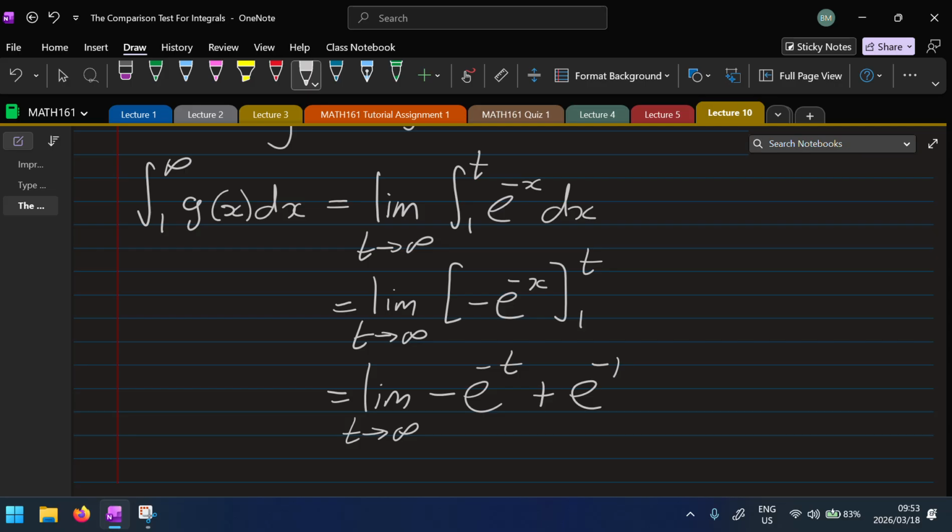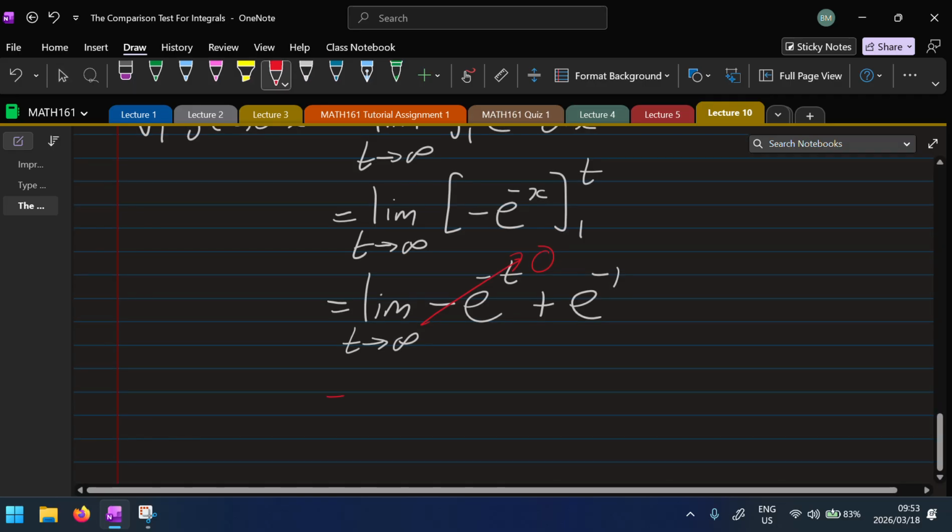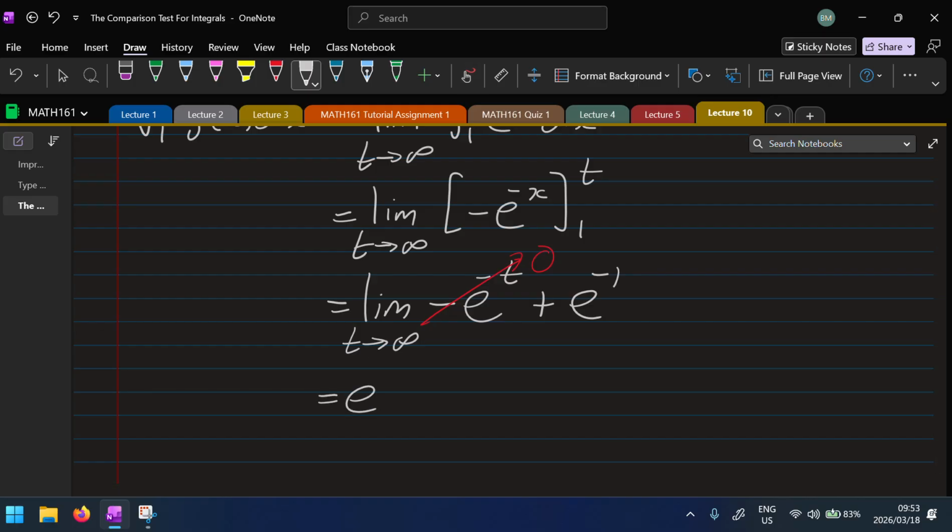Now, when we do the limit, e to the minus t goes to 0. So our answer is e to the minus 1. It doesn't matter what number this is. All we need to show is that that limit exists, which we did. It's e to the minus 1.